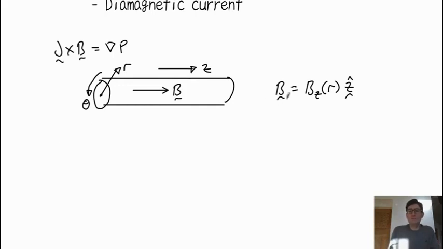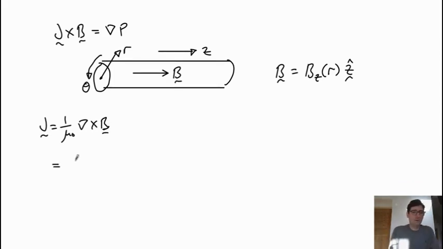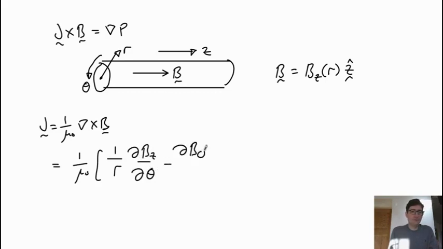If we assume we have a magnetic field of this form, we can write down the current. J is 1 over mu naught curl of B, from Ampere's law. We can write this down in cylindrical geometry. This is 1 over mu naught, and the radial component is 1 over R dBz by d theta minus dB theta by dz, in the R direction.